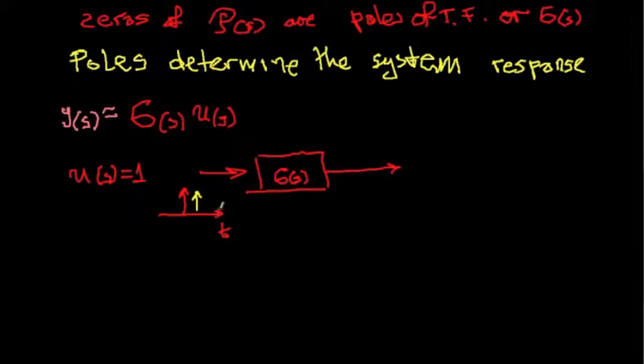this is the Dirac function, the output of the plant, and we assume the plant is stable, is just going to be nothing but a response of the system to this Dirac function excitation.